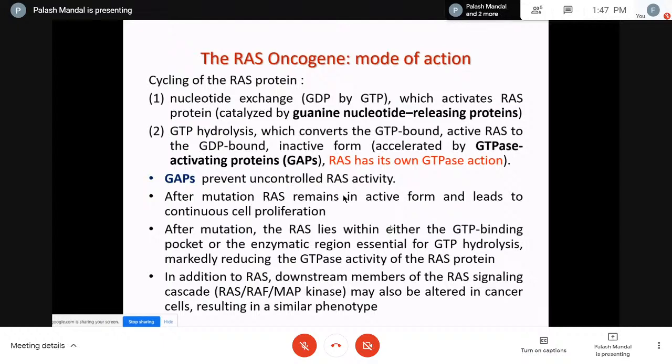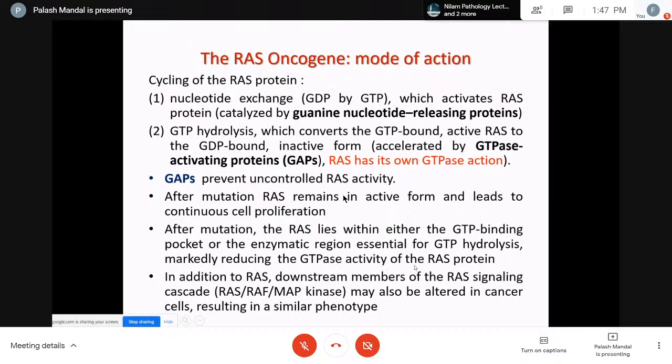After mutation, the RAS lies either within the GTP binding pocket or within the enzymatic region essential for GTP hydrolysis, markedly reducing the GTPase activity of the RAS protein. You see, the RAS protein itself has a GTPase action, and that GTPase action is accelerated by GAP.